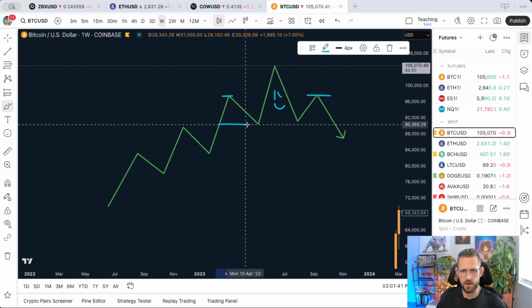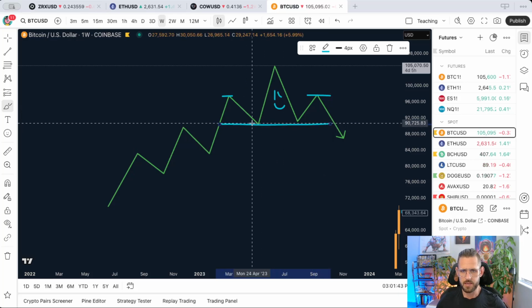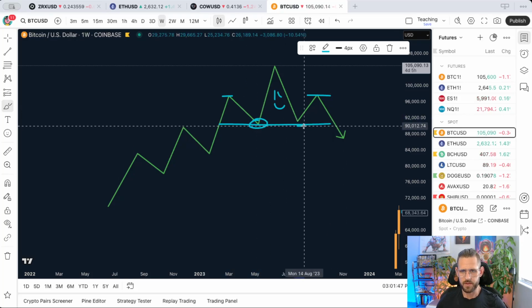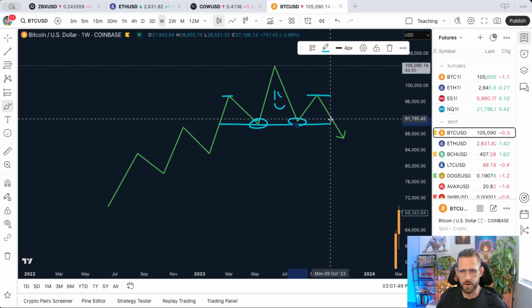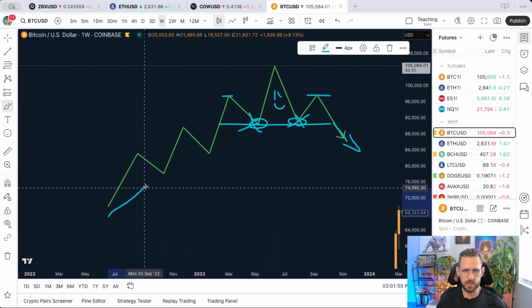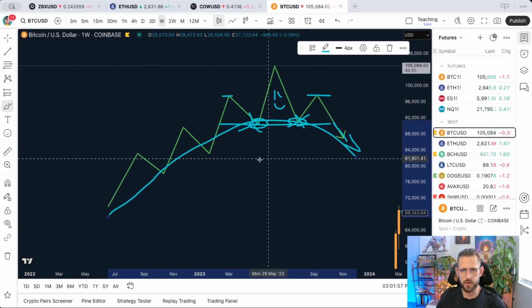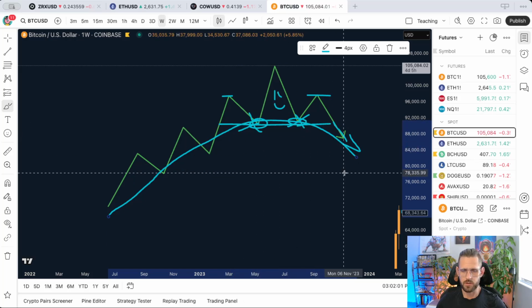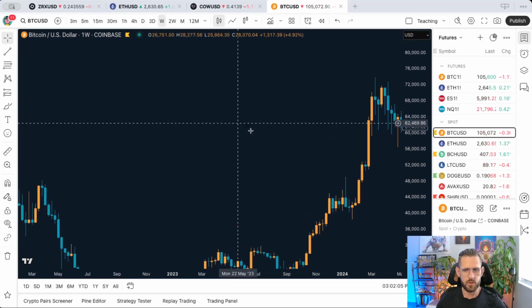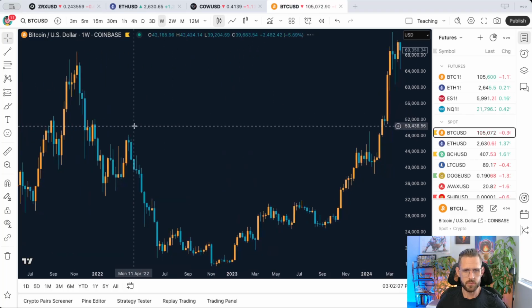And then we have our neckline, which is the prior higher low. Then we have this equal low, and then the market breaks through both of these. And very simply, we can see this trend starting to roll over. And that's where the trend is our friend until it starts to bend. So let's go ahead and dive into the Bitcoin chart and start to look at this.